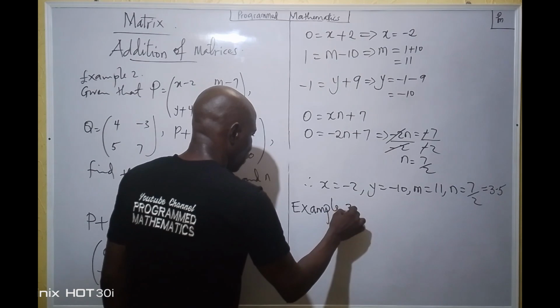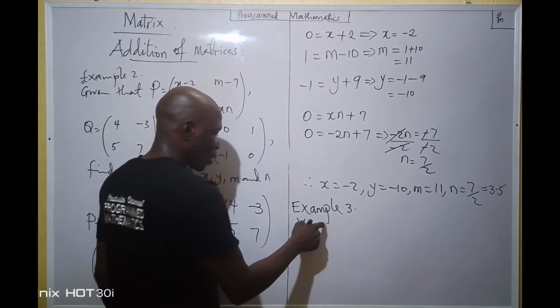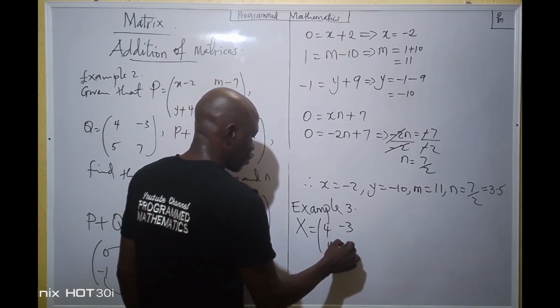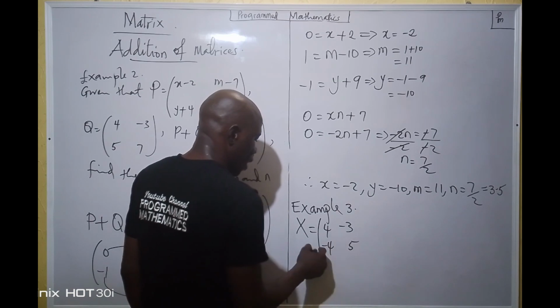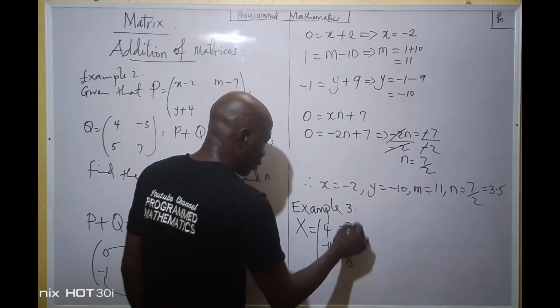Example number 3. So let's say X is the matrix 4, minus 3, 4, minus 4, 5, 4, 5, 6, and 0.